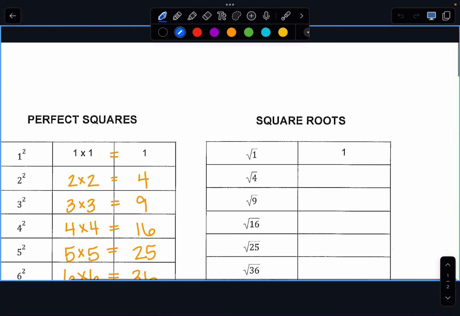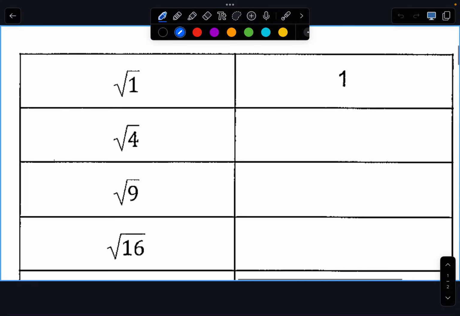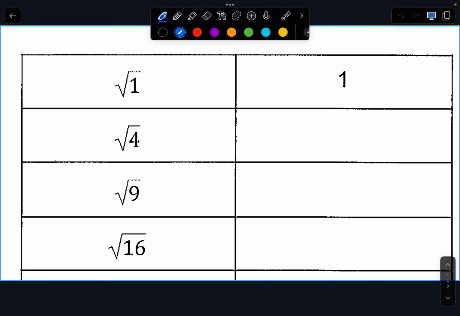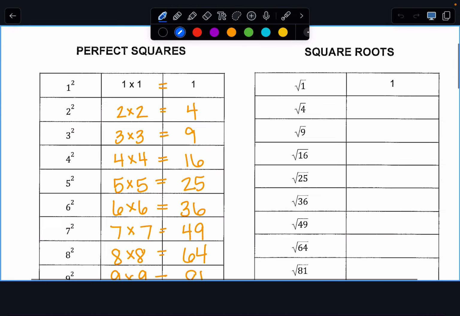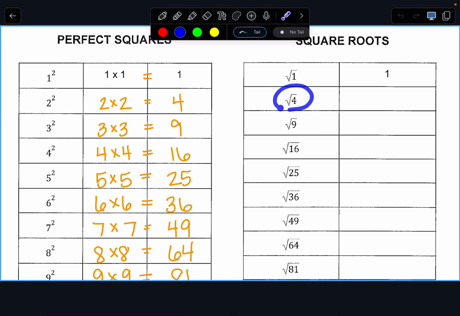Okay. The square root is asking us, hey, what squared is this number? So, if I ask you for the square root of 4, I'm asking you, what squared equals 4? 2 squared equals 4.